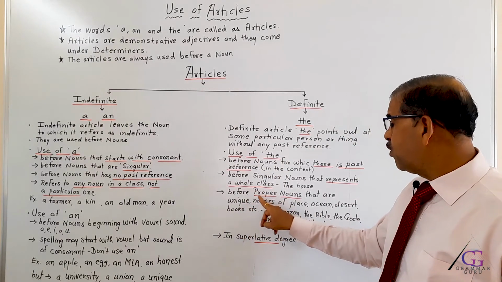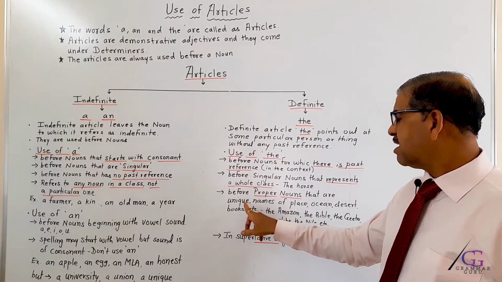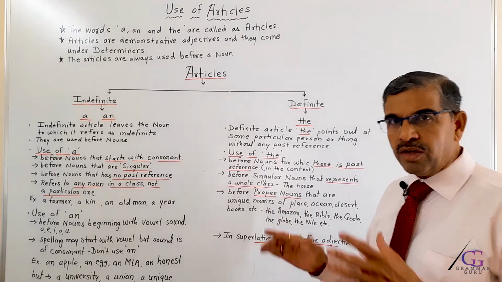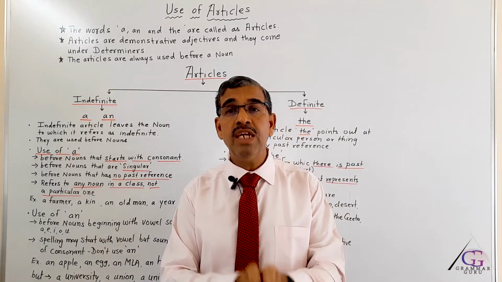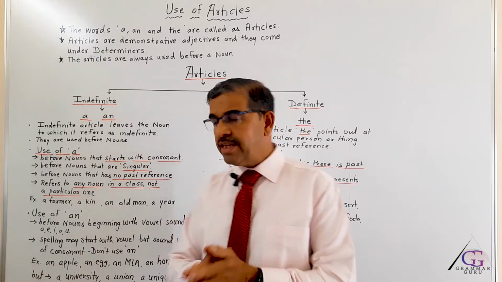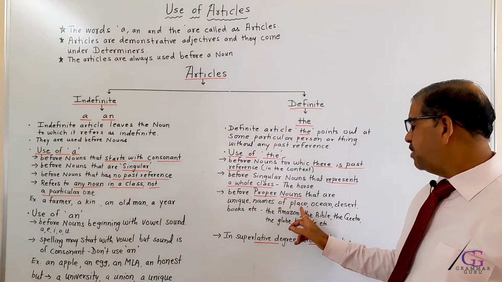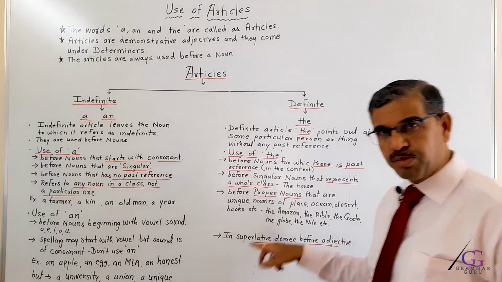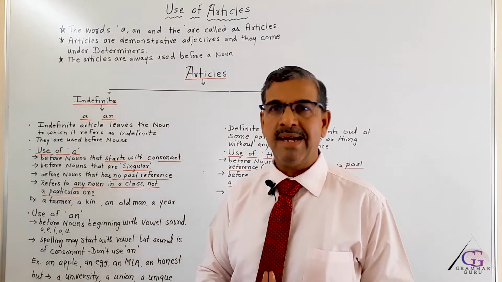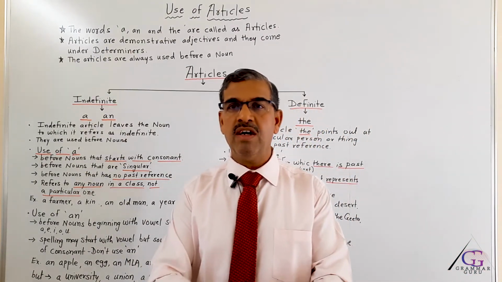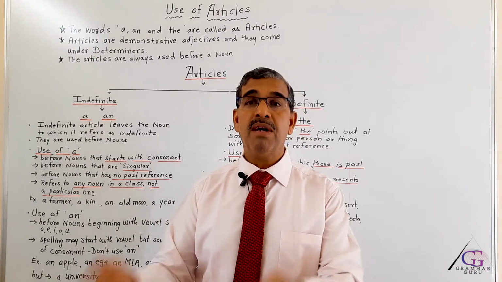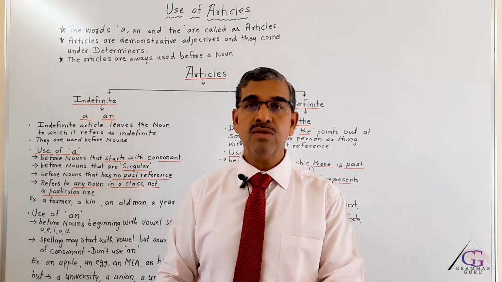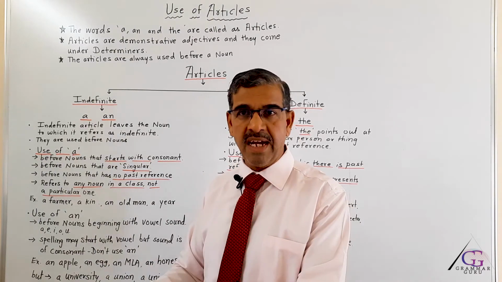Then before proper nouns that are unique. Normally we say the is used before nouns which are unique in nature, like names of places, oceans, deserts, books. Let me give you some examples. So we say the hemisphere, the globe, the star, the Jupiter, the Bhagavad Gita, the Bible, the Quran, the Ganga, the Nile River.